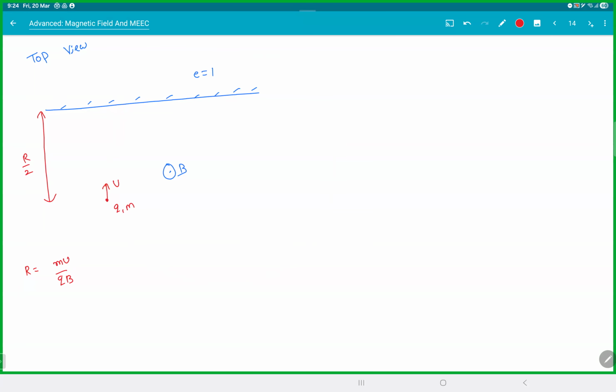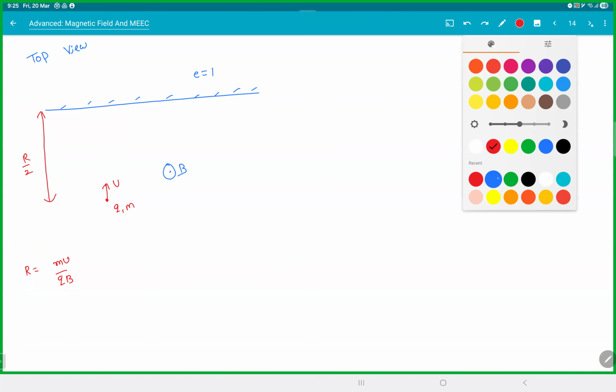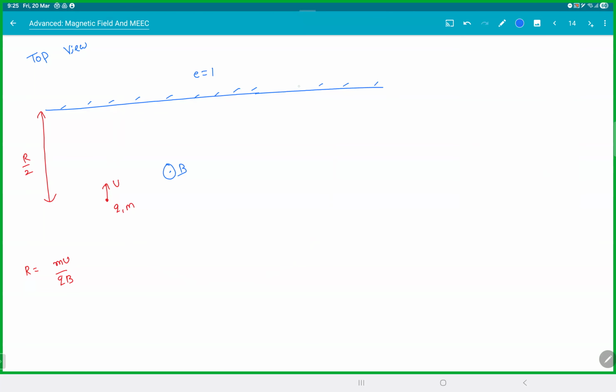But you kept a wall in front of it, so you're going to collide, but E is equal to 1, so it will bounce. Find the time interval between two collisions with the wall. Draw the trajectory.